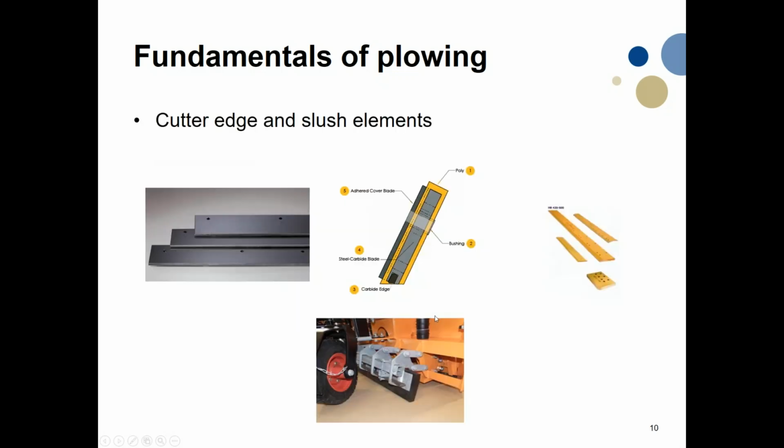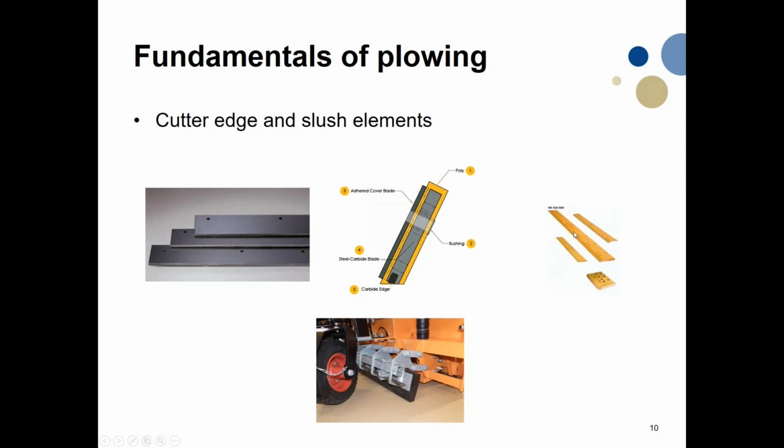Okay. And then there are a bunch of cutter edges, an element which has been rather developed. You can have rather standard carbon steel plates which wear down, or you can have rather advanced systems of carbide steel composites and even carbide inserts placed in some kind of polypropylene or a rubber type of material.